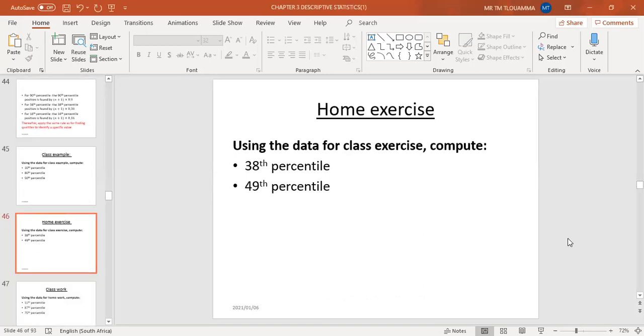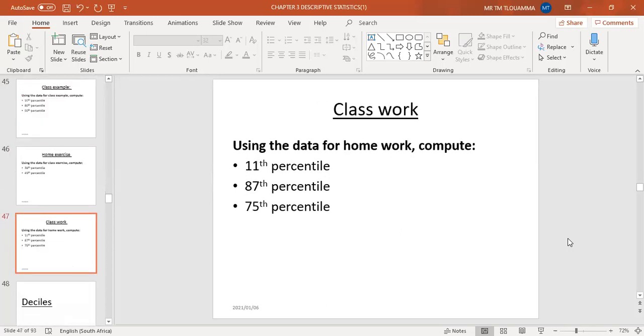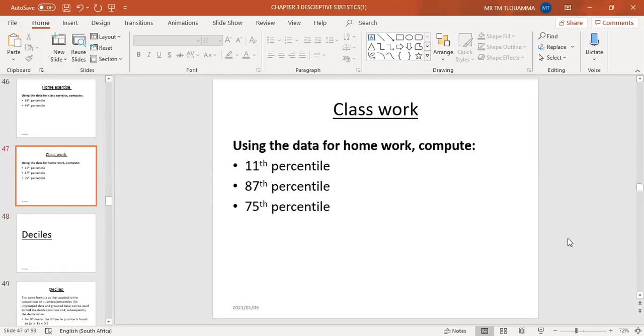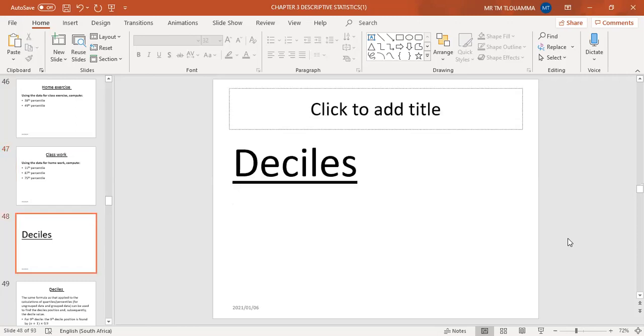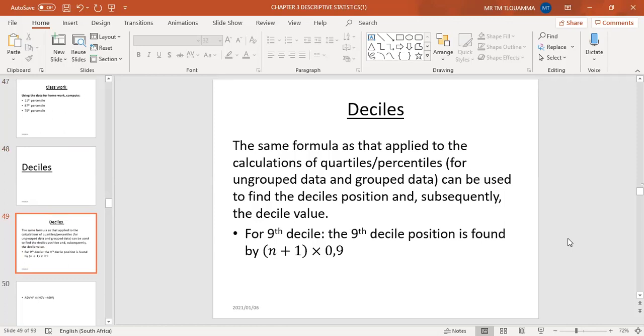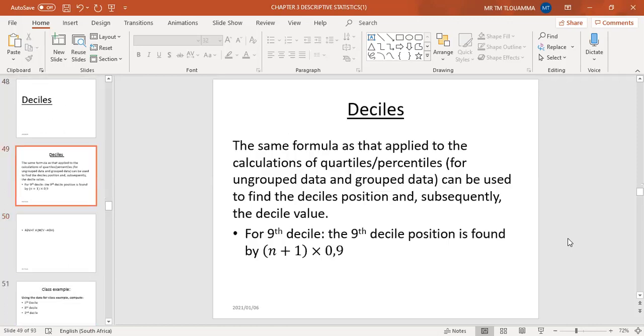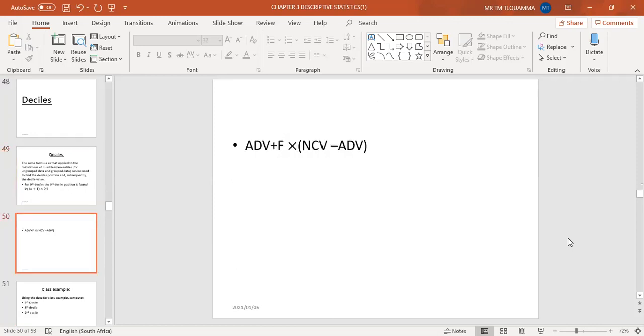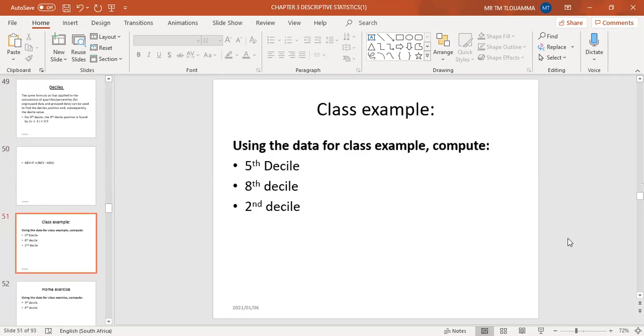Then with the decimals, we use the very same formula, and we also need to find the positioning.